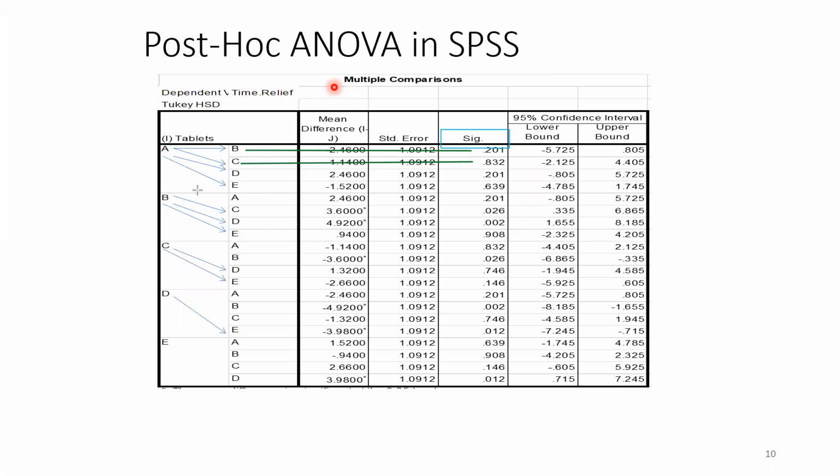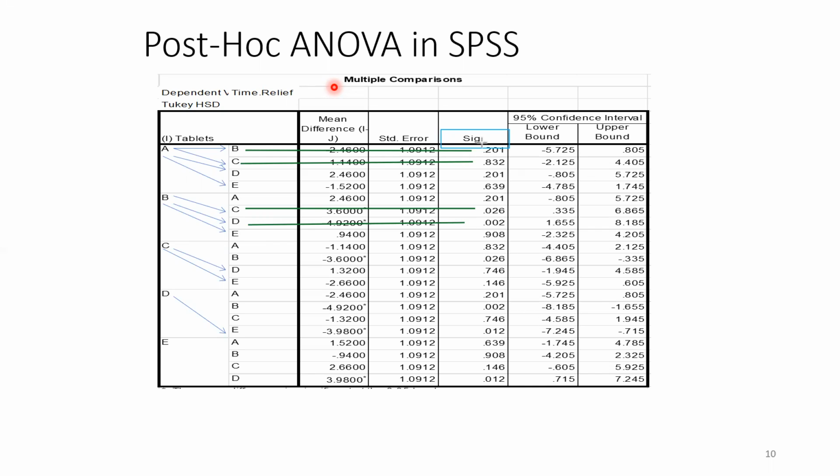B and A have been compared in the first box. Then we look at the comparison of B with C. Its p-value is 0.026, which implies that the time relief from brand B and brand C had significantly different means. Then B and D is 0.002, which also implies that the time relief from brand B and brand D is significantly different.